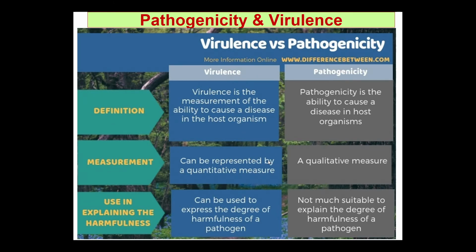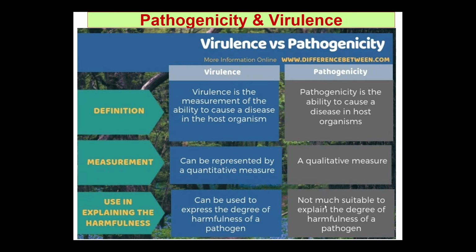It means virulence is a quantitative characteristic, and pathogenicity is a qualitative measure, not quantitative, of the capacity to cause disease. And used in explaining the harmfulness: virulence can be used to express the degree of harmfulness of a pathogen.